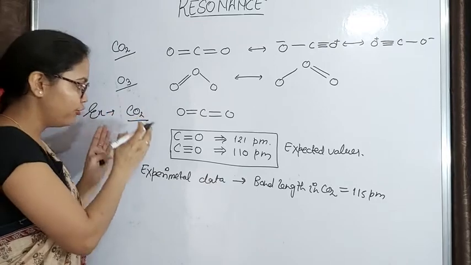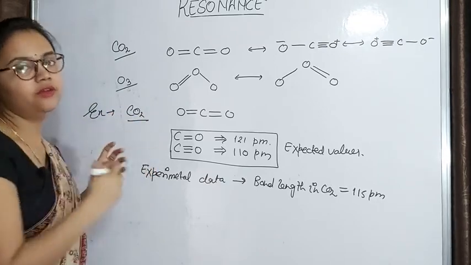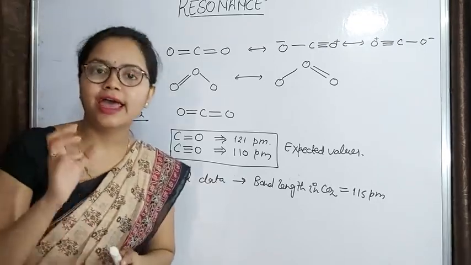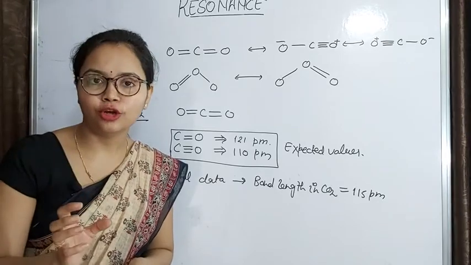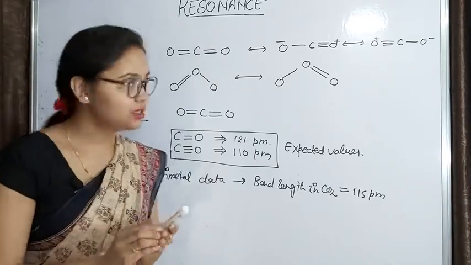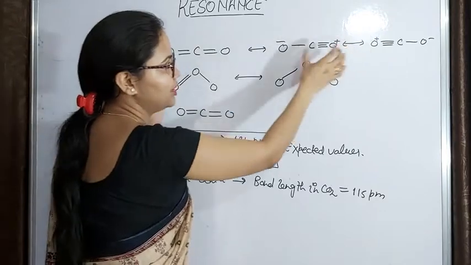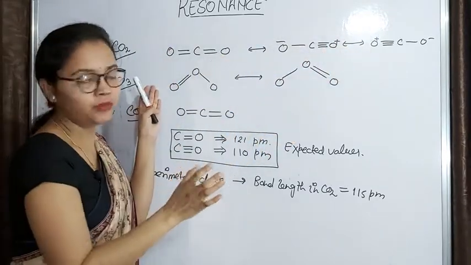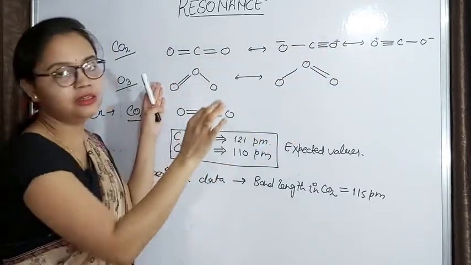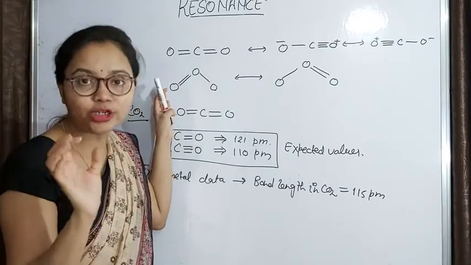To explain this fact, we consider that the actual structure of the CO2 molecule exists in between these structures. These are just possible structures, and none of these is the actual structure.